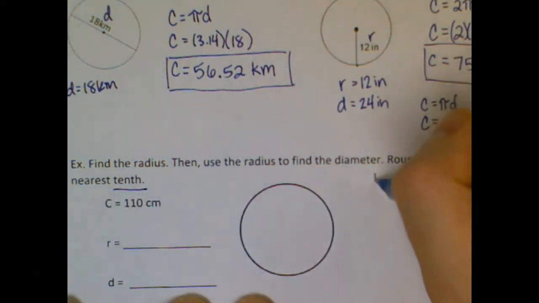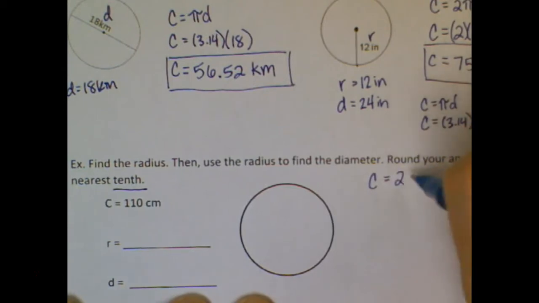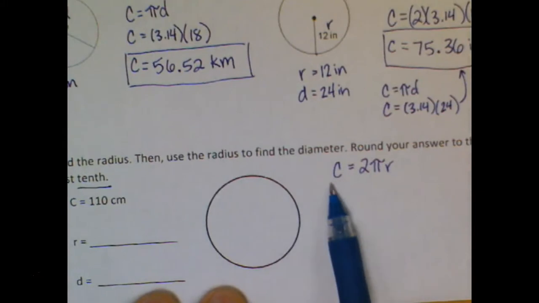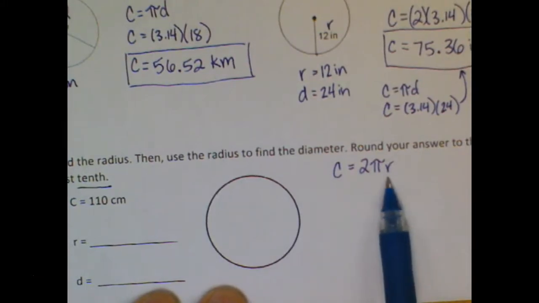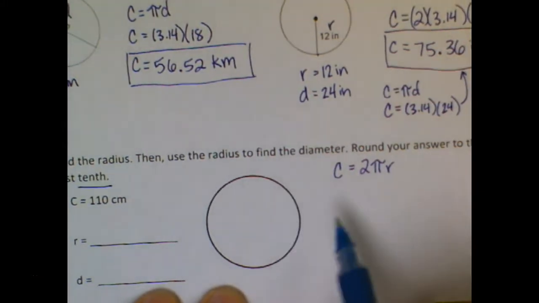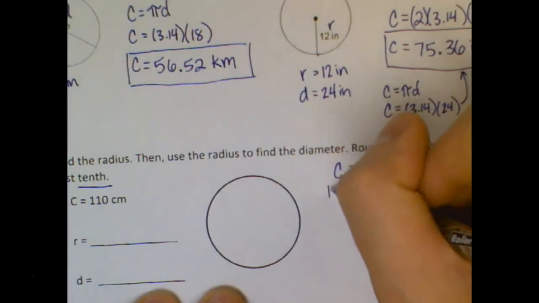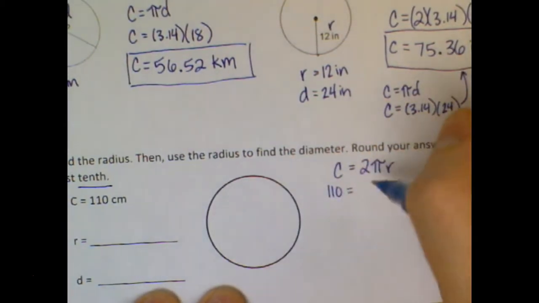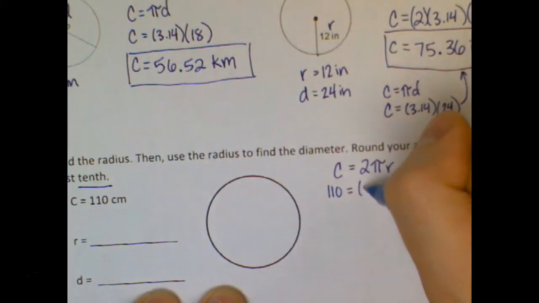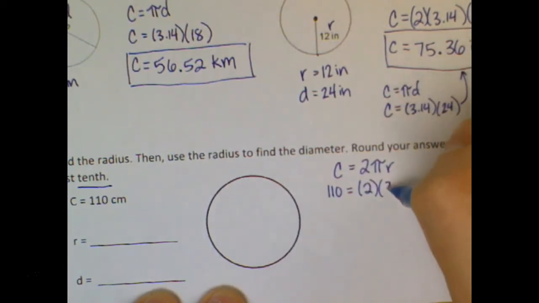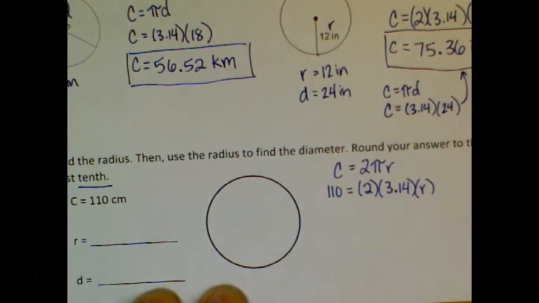So I'm going to use C equals 2 pi r. And instead of solving for C, we're going to solve for the radius. So plug in what we know. Circumference is 110, and that equals 2 times 3.14 times radius.